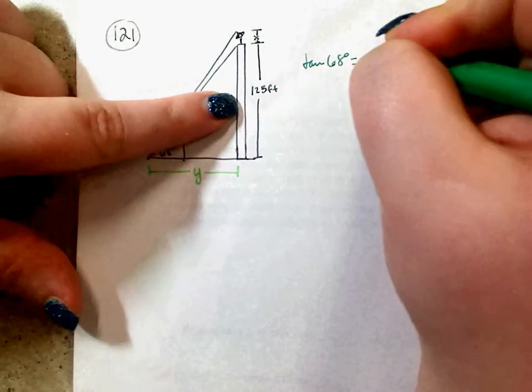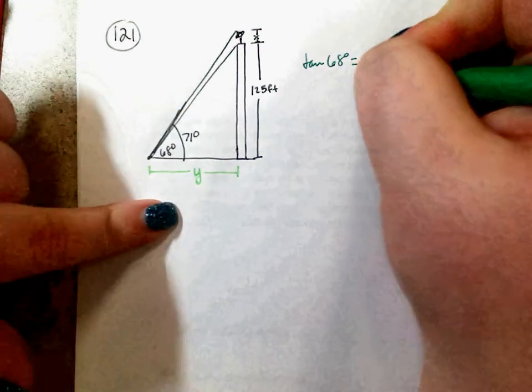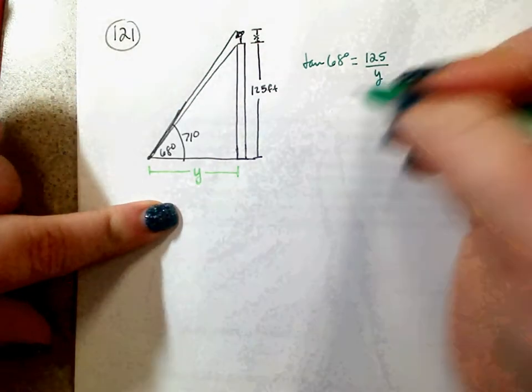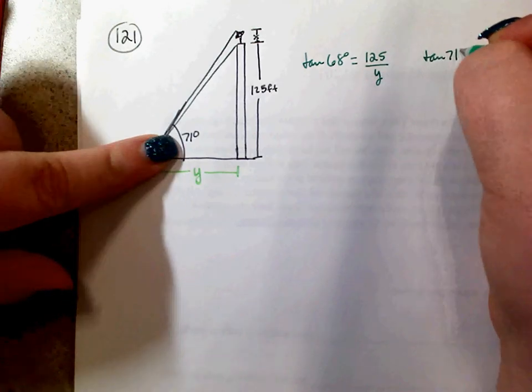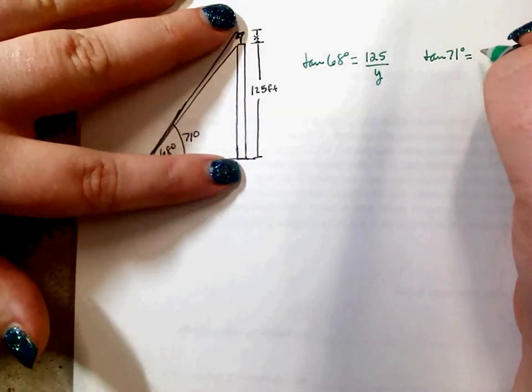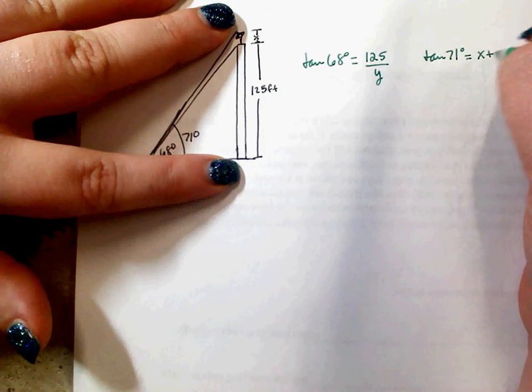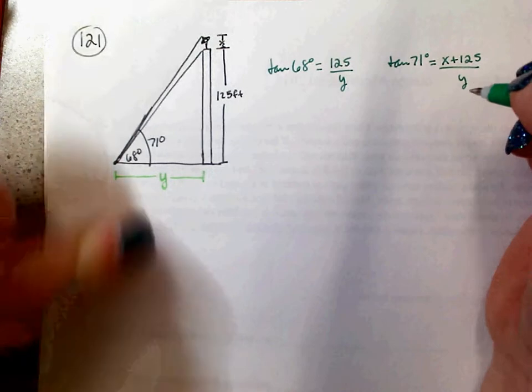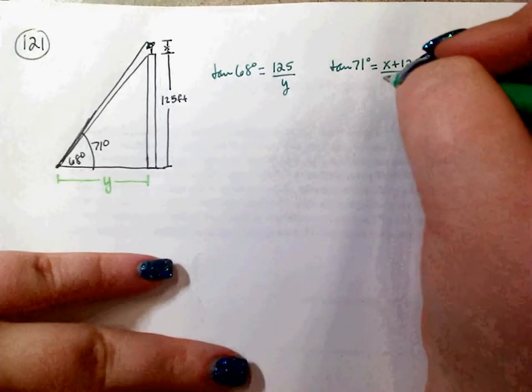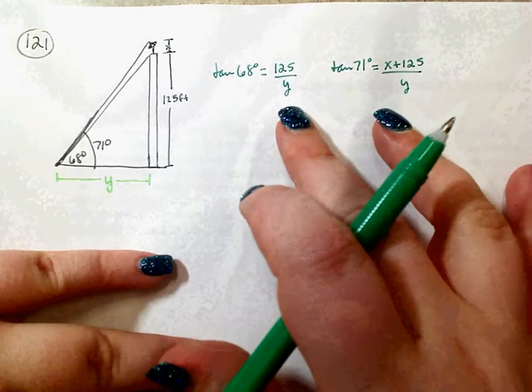I also know that tangent of 71 degrees equals opposite, which is x plus 125, over adjacent, which is y, right? So if I want to solve for x, what I could do is solve both of these equations for y and set them equal to each other, yeah?